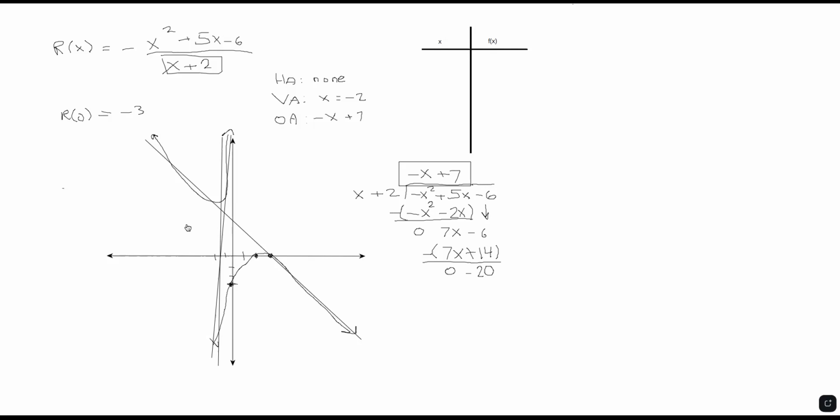Okay, yeah, I got that. Y is equal to negative x plus 7. So yes, it looks like for part C, you got that one all the way right. Yeah, I got 6 out of 6 on that one.